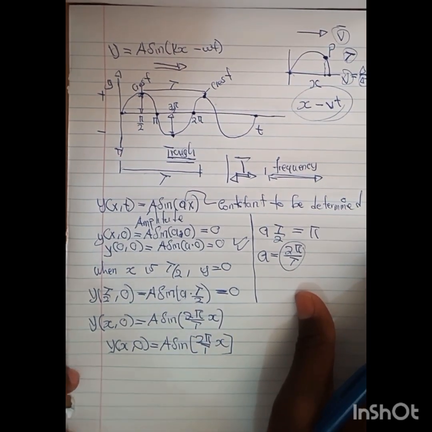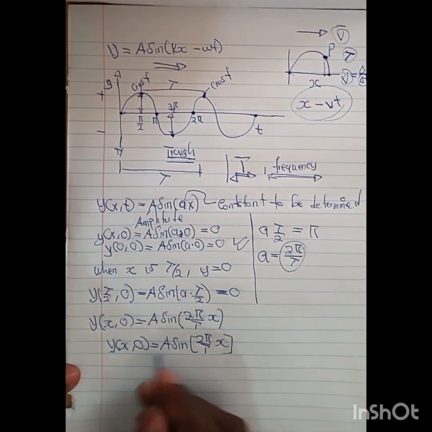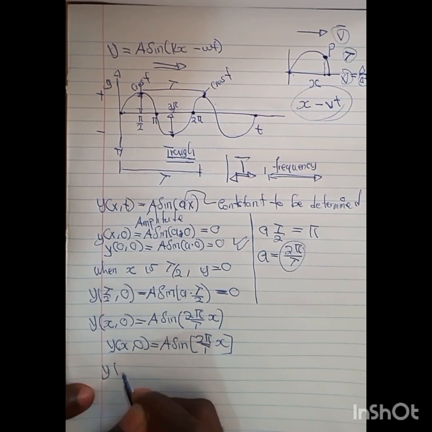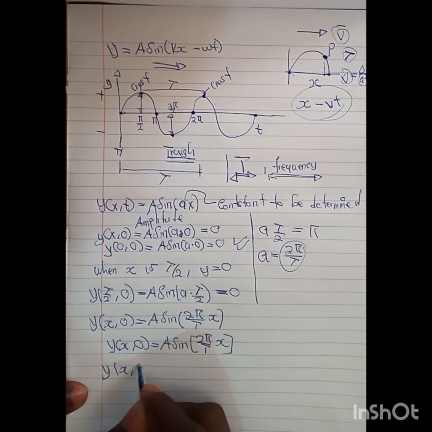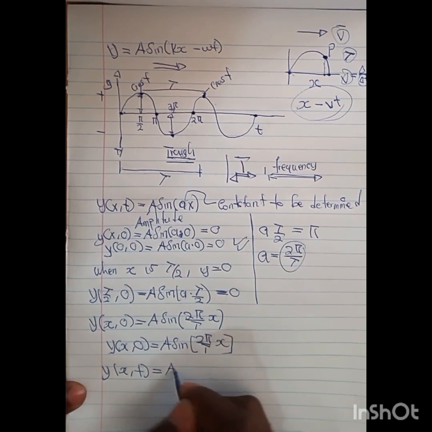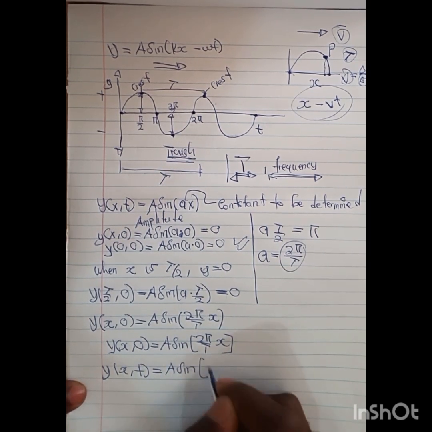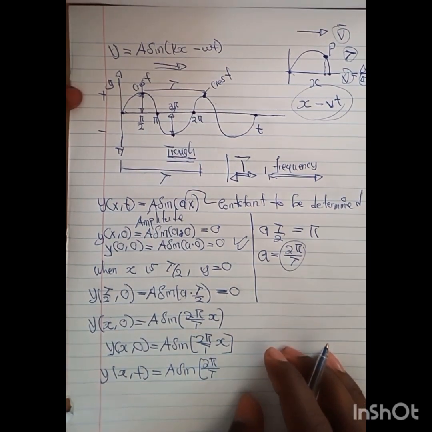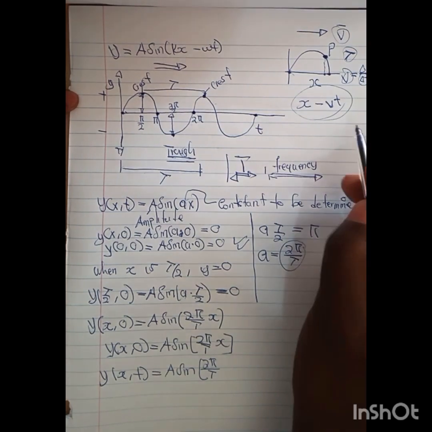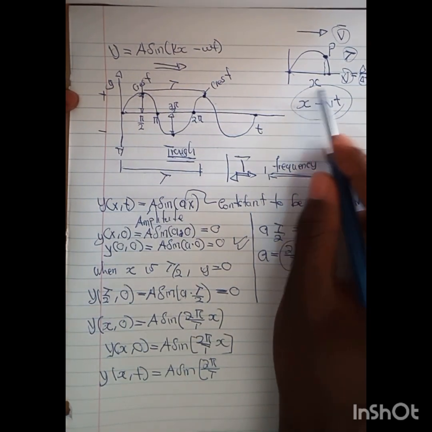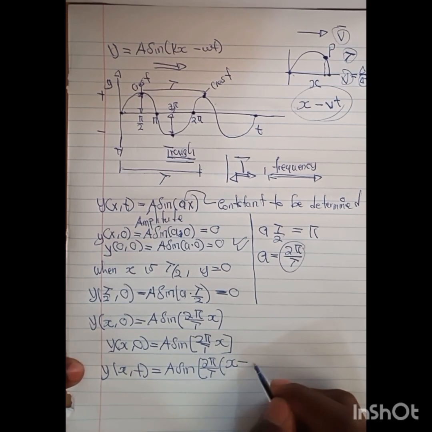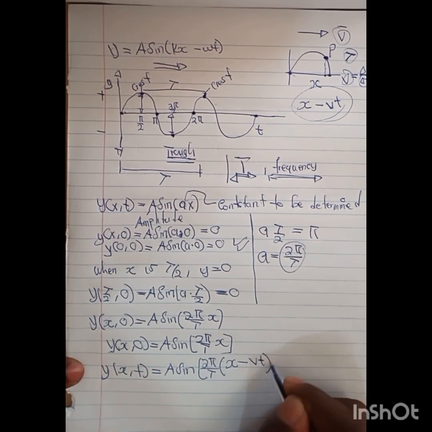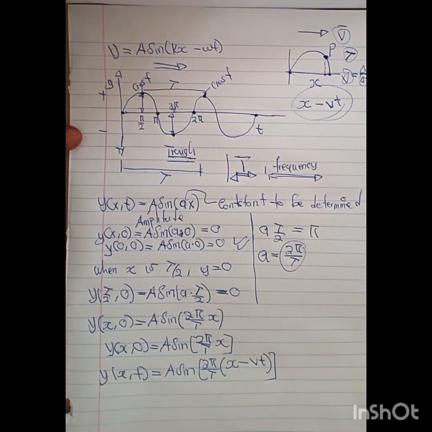So let us have the following information. y as a function of x at a certain time t must be given by a sine of 2 pi over lambda. Then now in space of x, we are going to have x minus vt, like this.